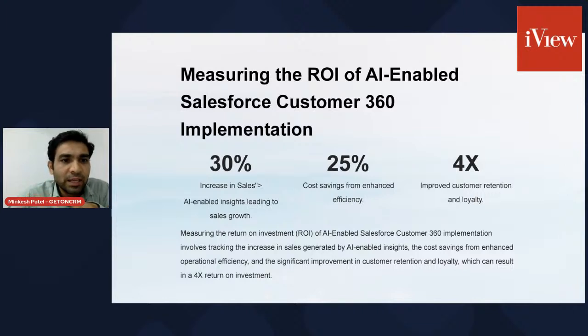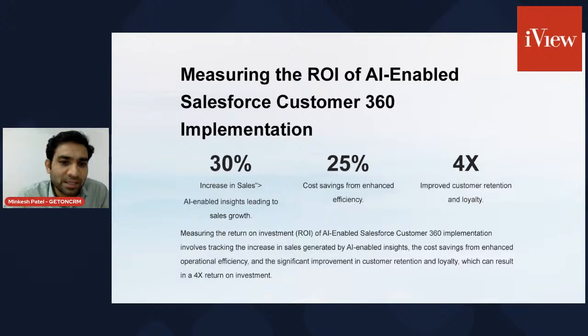It takes a lot of time, effort and energy to come out of one system and get into the other, and the entire cycle needs to be repeated. By keeping those things in mind, this is how cost saving will happen if you implement Customer 360. And of course, customer retention and loyalty.